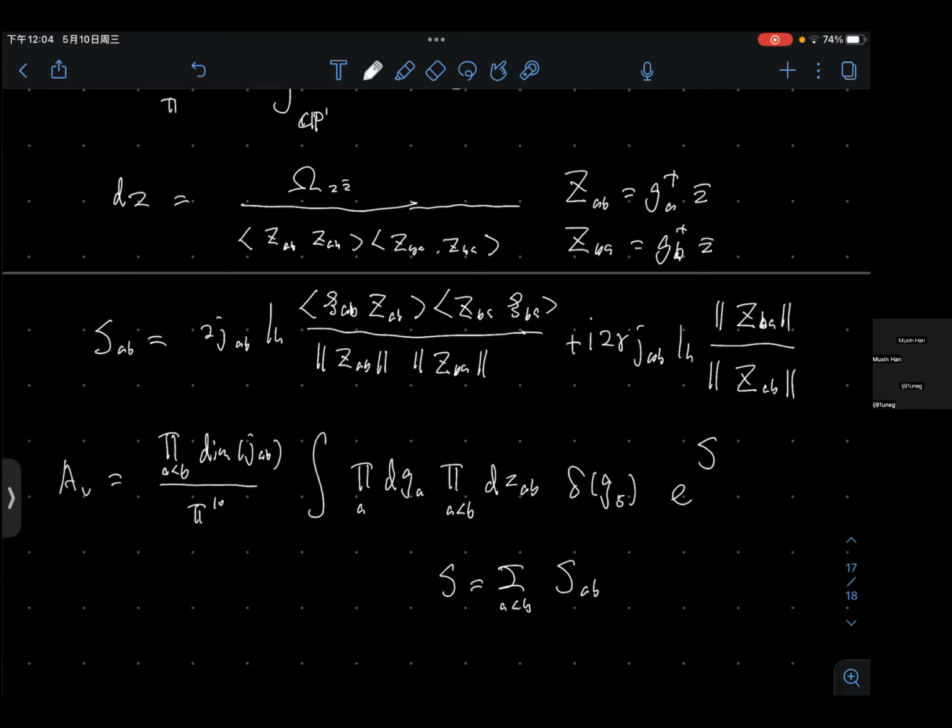Scaling J to large corresponds to h bar being small. Then you can use stationary phase analysis to study the semi-classical property of the spinfoam amplitude, and it was indeed what has been done in many studies of semi-classical analysis of spinfoam amplitudes.